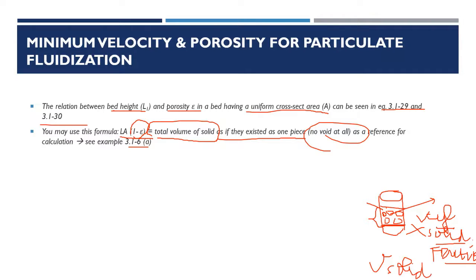So this is the volume of solid as if they existed as one single piece. You can use L A times 1 minus epsilon to find the total volume of solid, as if it existed as one piece.